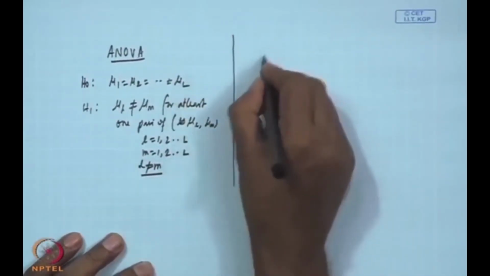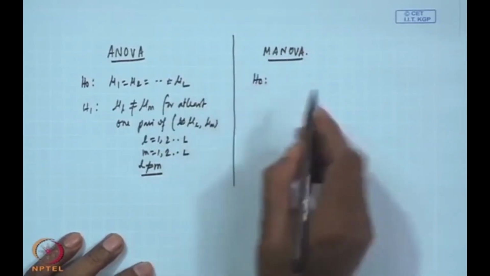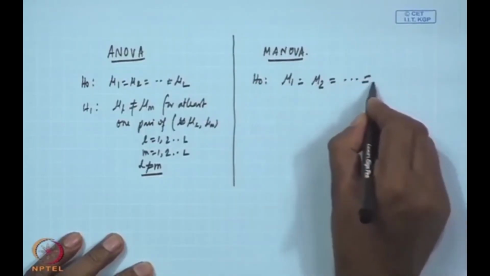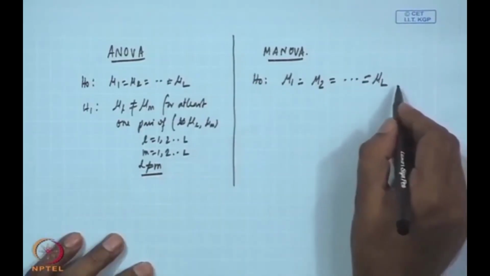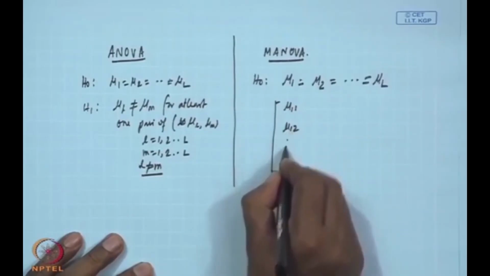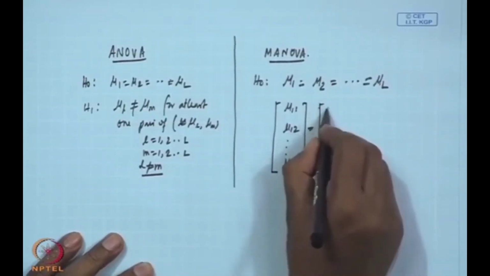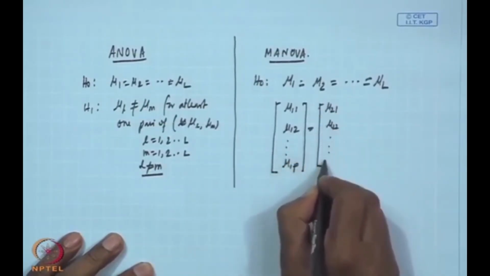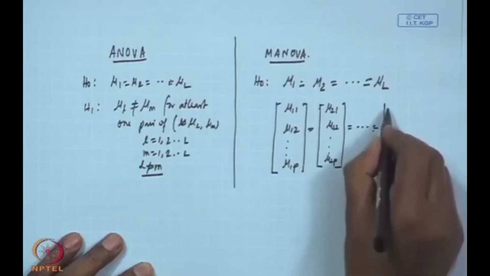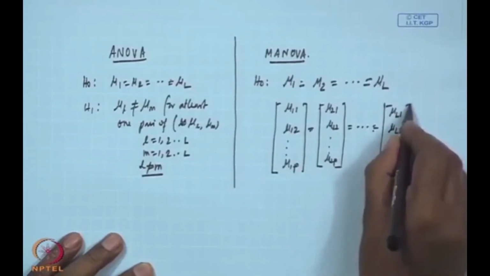And in the MANOVA case the hypothesis is the same, that we are saying H0: mu 1 equal to mu 2 equal to mu L. Please keep in mind, by saying this we are saying mu 11, mu 12, up to mu 1p, equal to mu 21, mu 22, mu 2p, equal to finally mu capital L1, capital L2, capital LP.